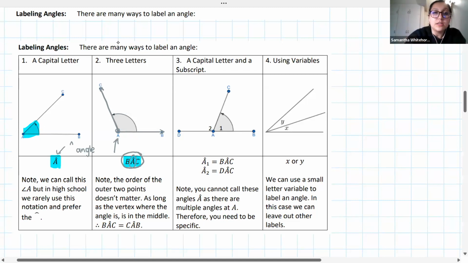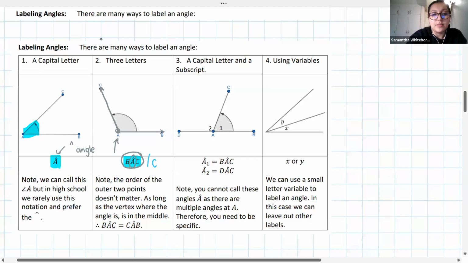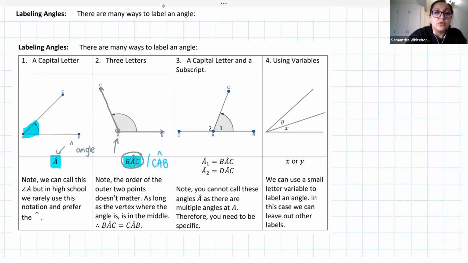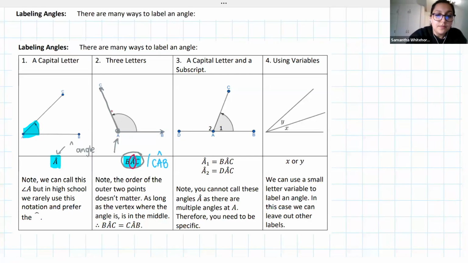So very importantly, grade 8, when you're labeling like this, the order of the other 2 points doesn't matter. So you could have, if you wanted to, labeled this C, A, B. But what you need to notice is that the position of the angle is always in the middle.